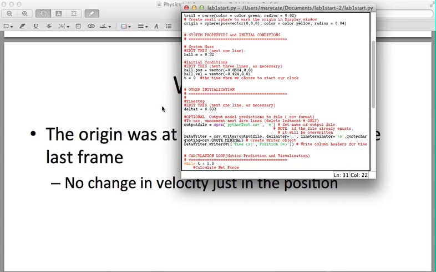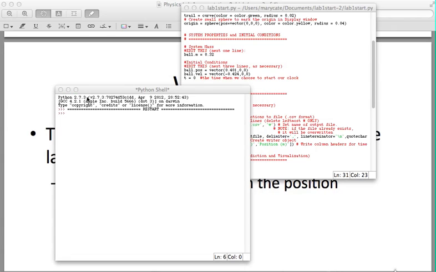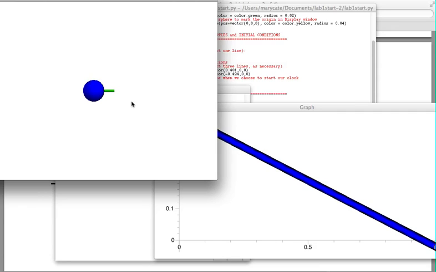So if we change the position and leave the velocity the same, this is basically what it would look like, showing that the position would stay positive.